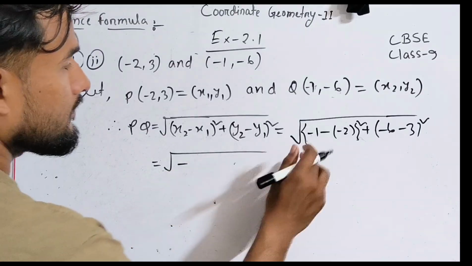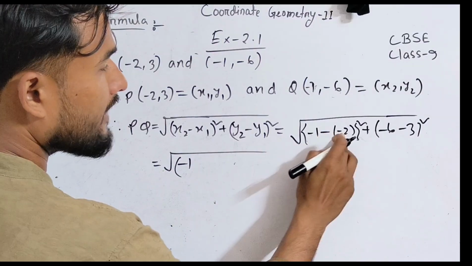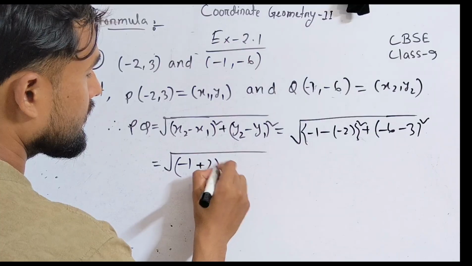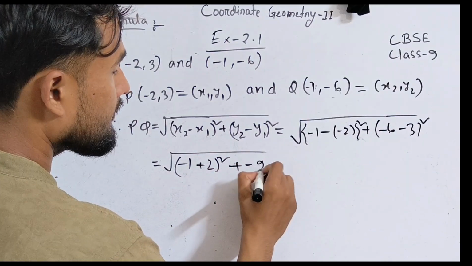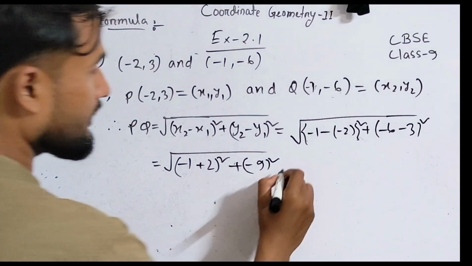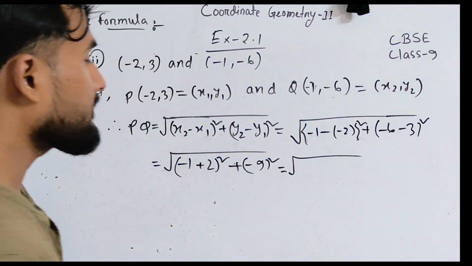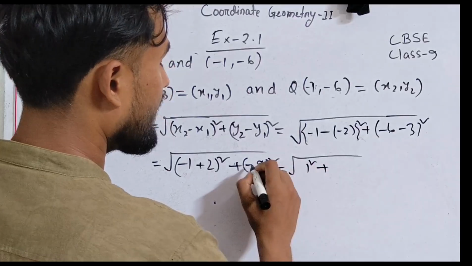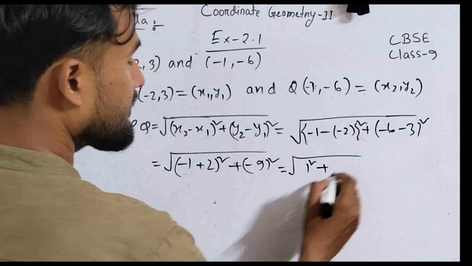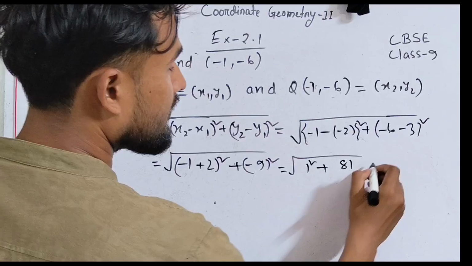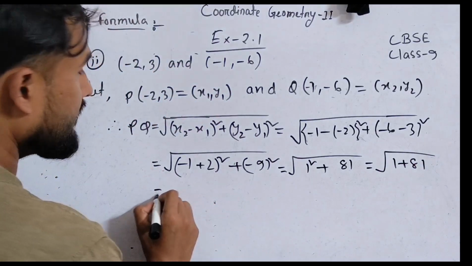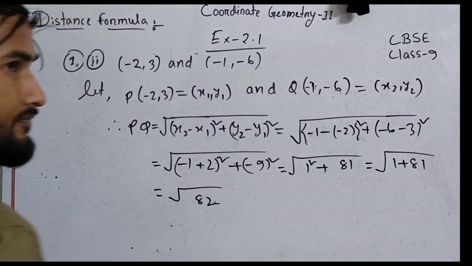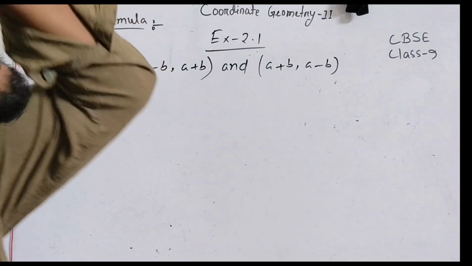Minus into minus will be plus, so 2 whole square... minus 6 minus 3 is minus 9 squared. Minus 1 plus 2 will be 1 squared and minus 9 squared will be 81. And 1 plus 81 is equal to 82. Let's come to the next question.